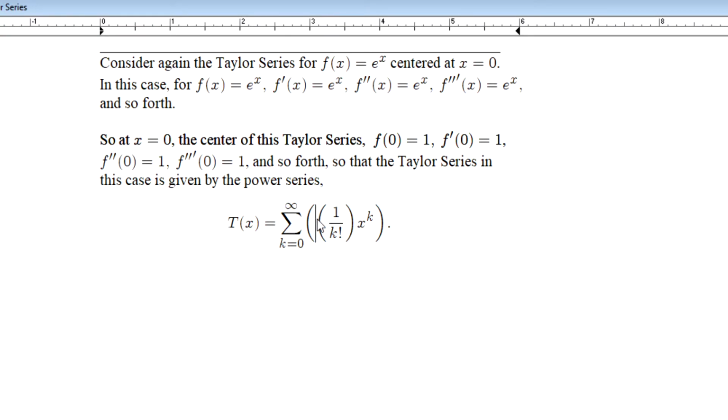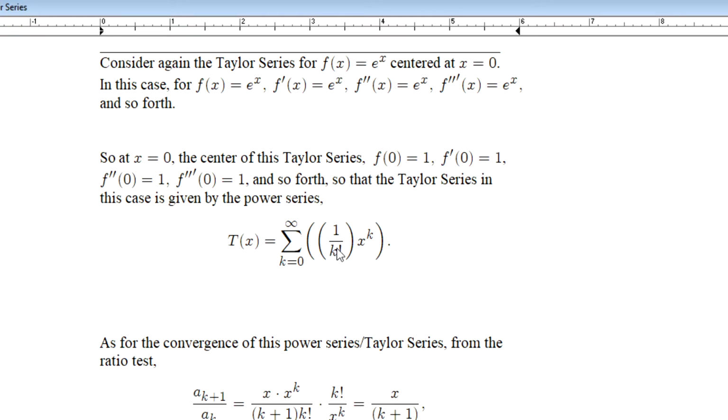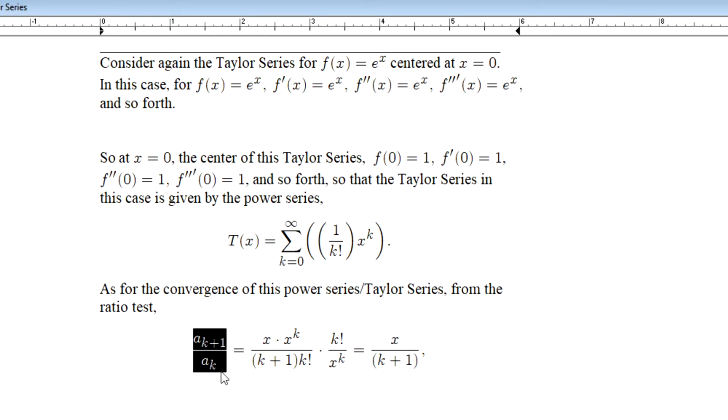Where in the ratio test, this argument is going to become a sub k. And we're going to want to consider what is a sub k plus 1, replacing these values of k with k plus 1, and then consider how that ratio of a sub k plus 1 to a sub k simplifies.